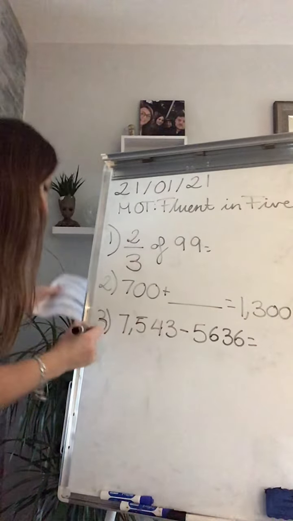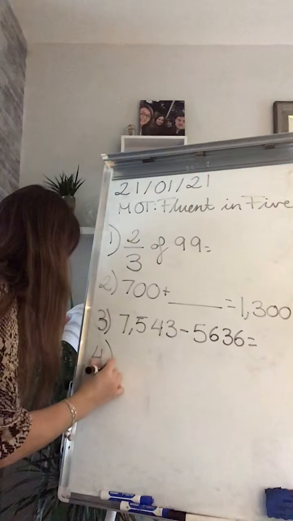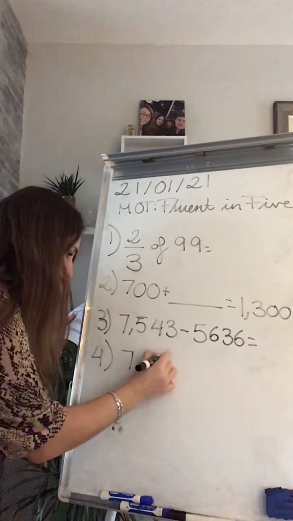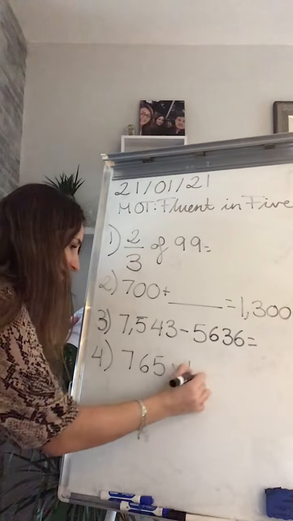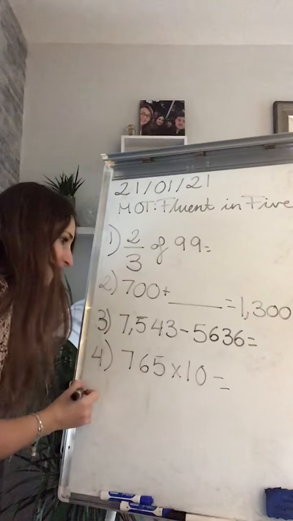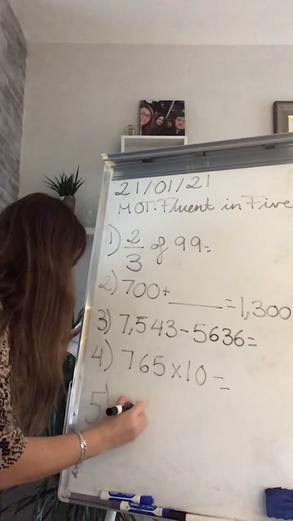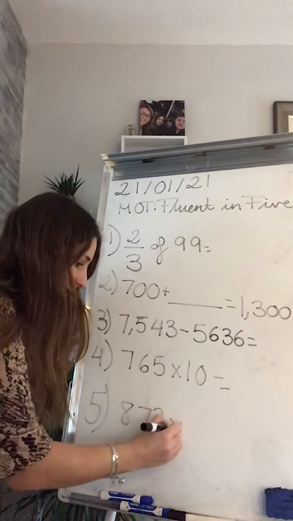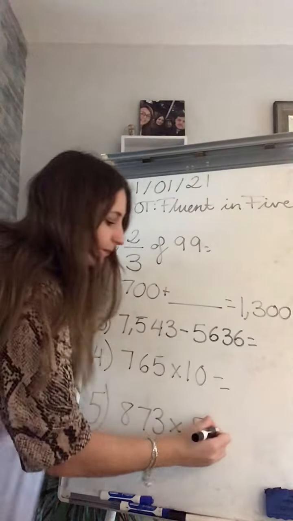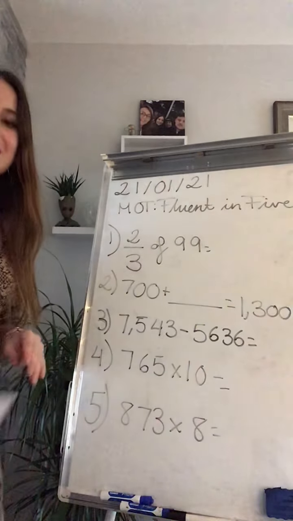Okay? And number 4, 765 times 10. And number 5, 873 times 8. Okay, have a go at them.